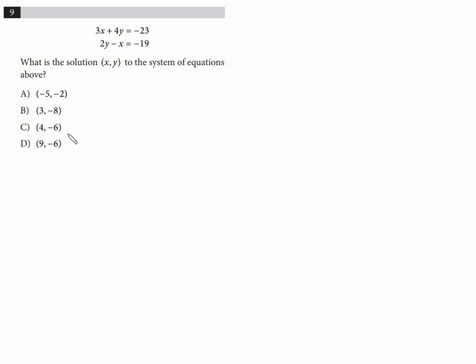And one way I can solve for x is try to eliminate the y variable. And how would I eliminate the y variable? Well, let's write out the equations again. 3x plus 4y equals negative 23 over here, and 2y minus x equals negative 19.